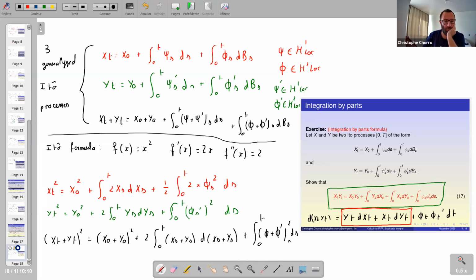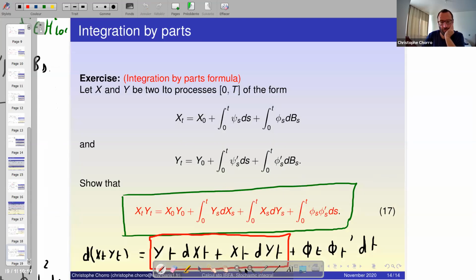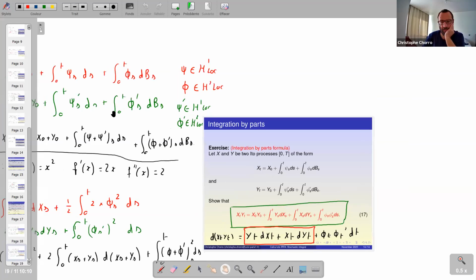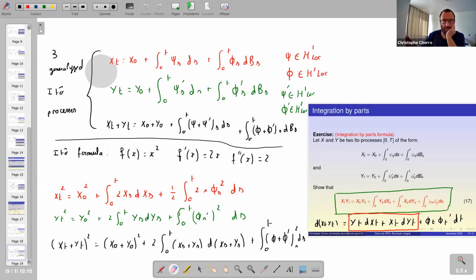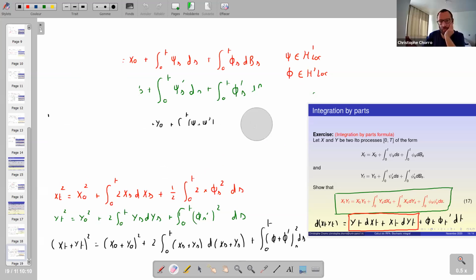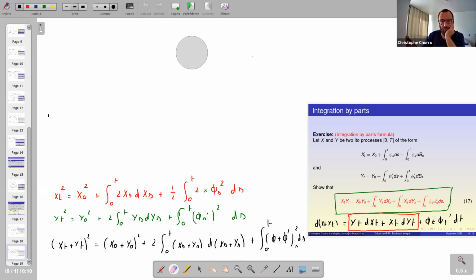So how to conclude? I will just remark that I have this, and I just keep in mind the 3 Ito formulas I have written previously. What we keep in mind is that I want to have x_t y_t.